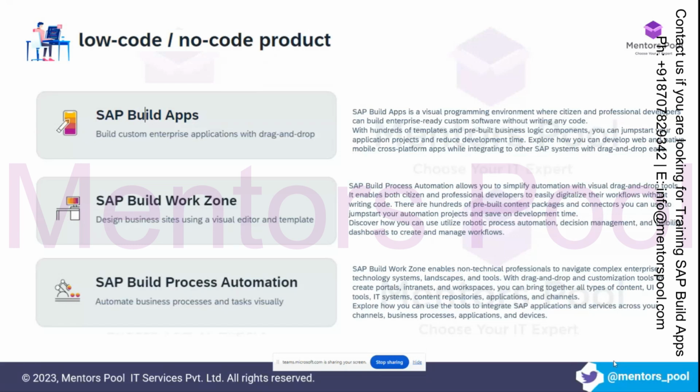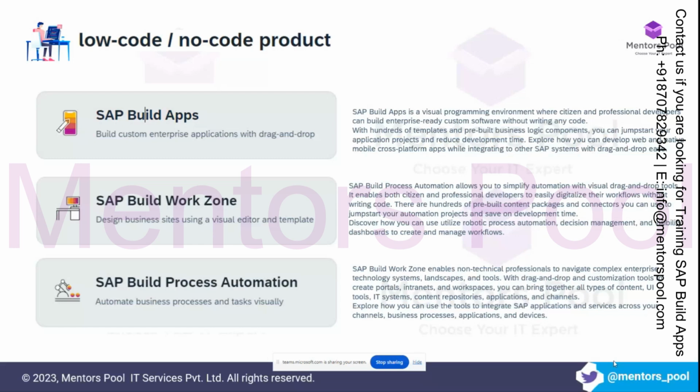We have talked about AppGyver previously as a no code development tool which was acquired by SAP, and now it is available under the Build umbrella. So Build, you could think of Build as a suite, like Microsoft Office, which is available as a service.